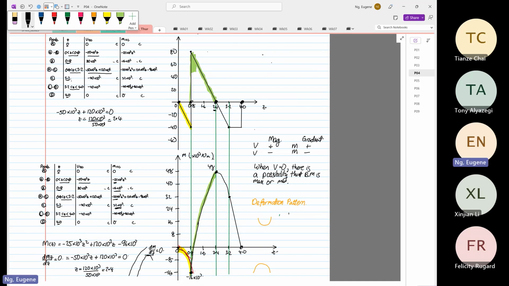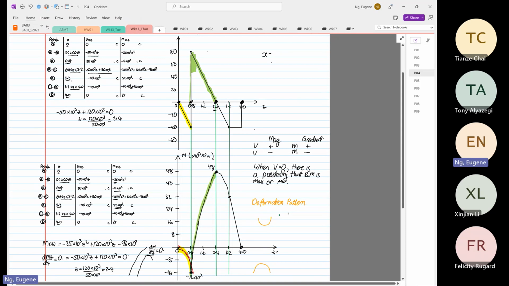The first point I'm going to use is where z is equal to 0.8 meters.